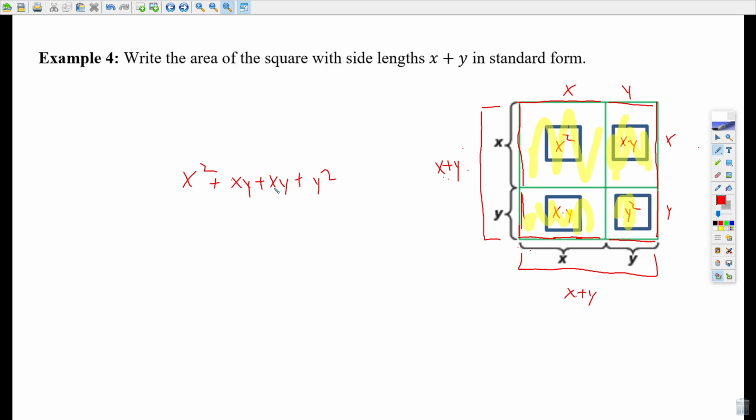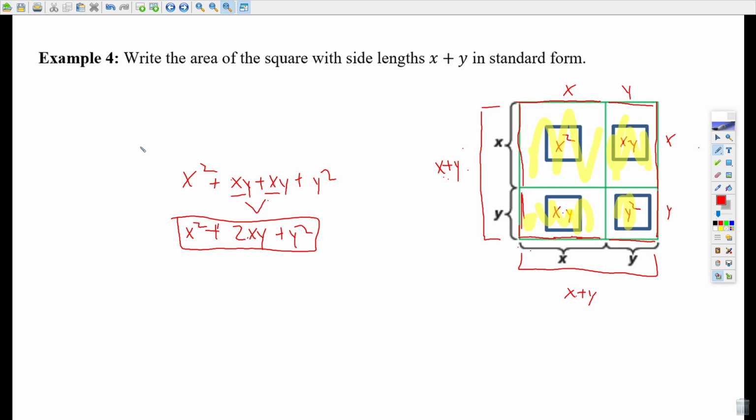And we actually can combine things in here. We have two xy's. They are like terms. So one xy plus another does give us 2xy. So this is our final answer. We have x squared plus 2xy plus y squared. That would be the area of the entire square with these lengths.